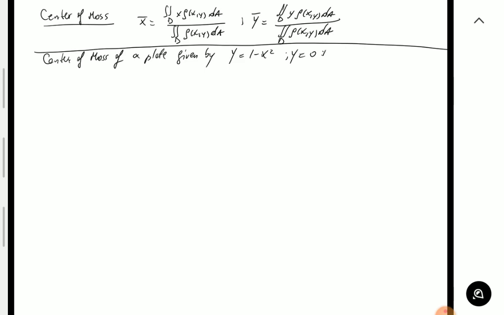The density of this plate, let's say, is rho of x, y equals ky. This k is a constant, typically a physical constant which has to do with the nature of the material. So this tells me that the density is proportional to y only. Again, it can depend on both x and y.